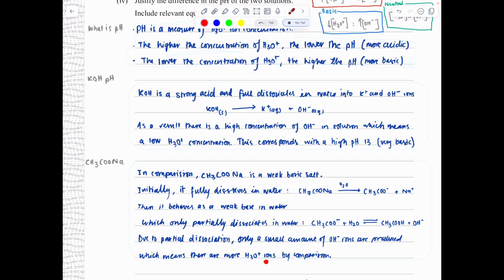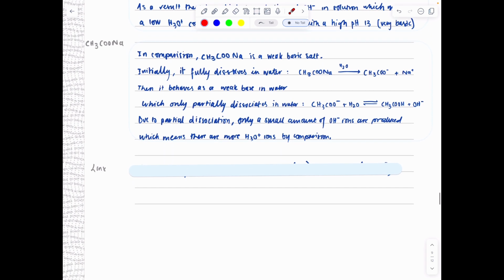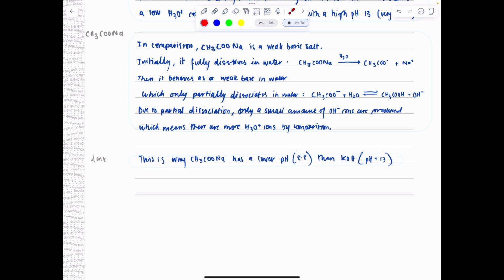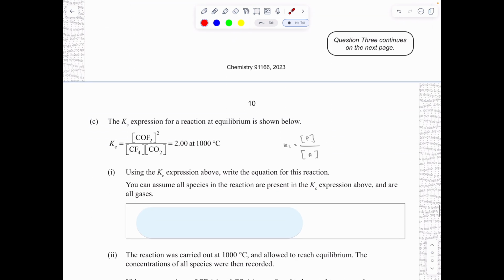This means that there are more H3O+ ions by comparison to KOH. It's still basic, but in comparison to KOH, there's going to be more H3O+ ions. Final part, which is the link. This is why sodium ethanoate has a lower pH, 8.8, than KOH, pH 13. And that is that.